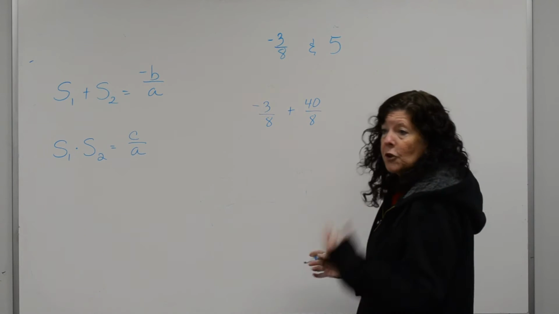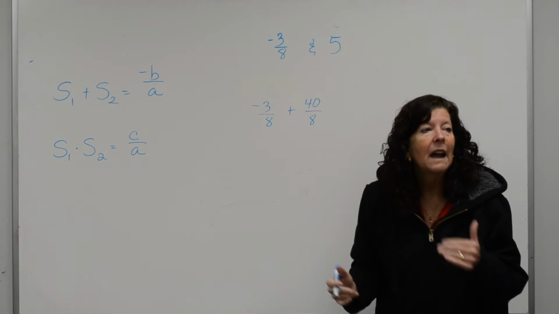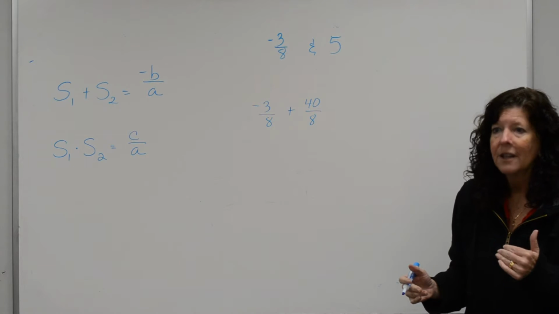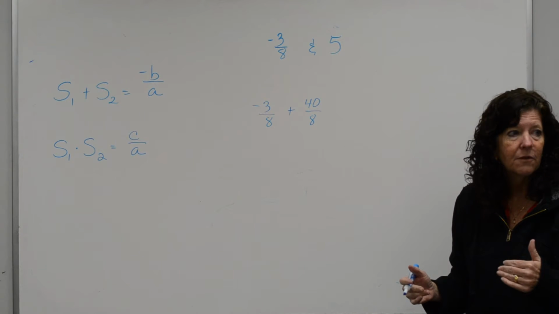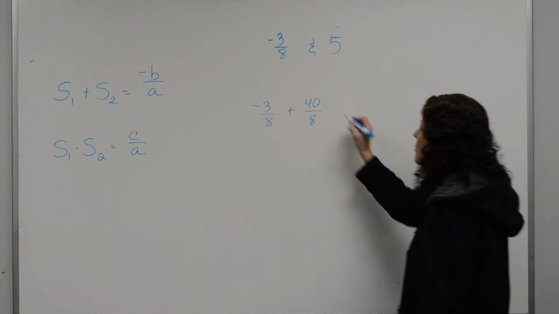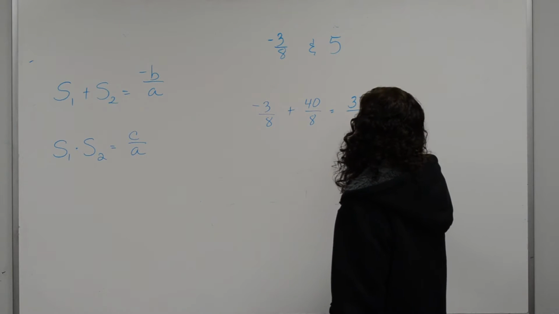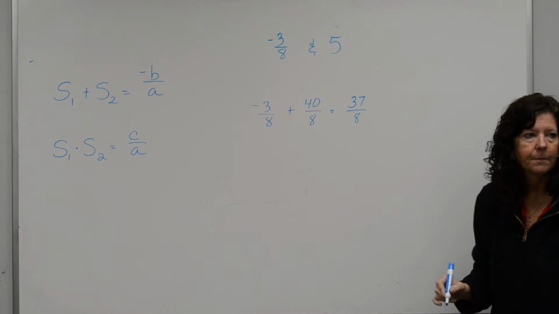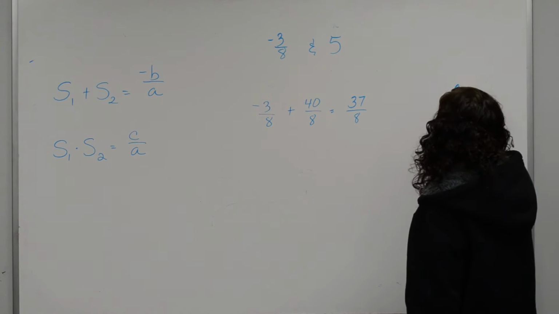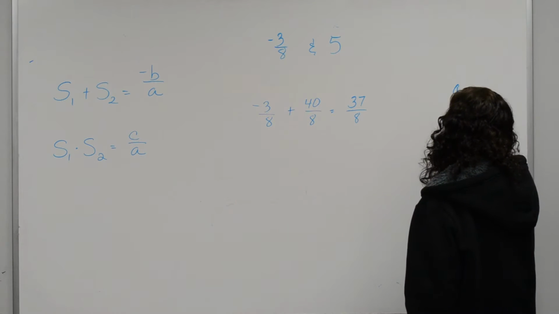You can do it on the calculator, but then you're going to have to convert it back to a fraction, because it has to be in fraction form, not decimal form when you finish. So this is going to give me 37 over 8, right? At this point, I can look and get the a, the b, and the c. At least I think I can.